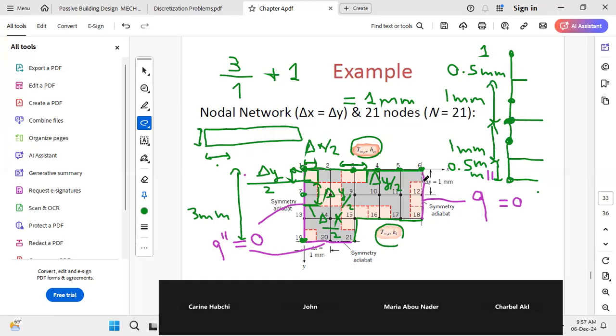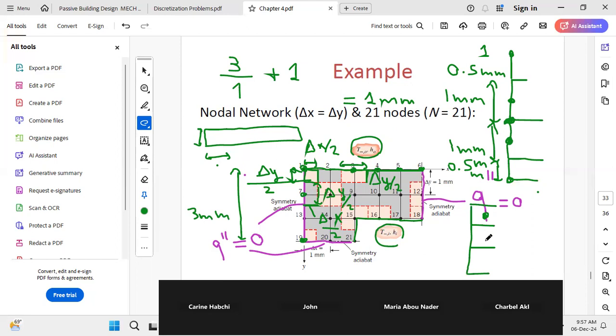While if you consider the other approach, and I tell you to use a grid in which all cells have the same delta x and the same delta y, you will divide in this way. This is 3 millimeters, and you just divide it into equal parts. Then your nodes will be at the center of the cells.